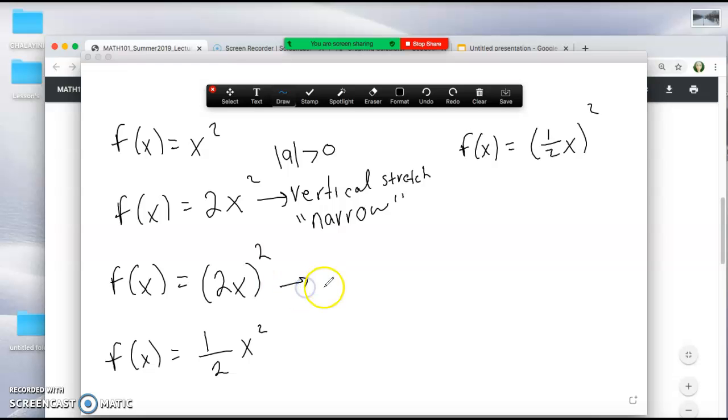Now here, if you notice, the 2 is on the inside of the function. We have parentheses 2x squared. In our first problem, only x was being squared and then we multiplied by 2. Here, 2x is being squared. So when we have a coefficient on the inside, it's a horizontal movement.